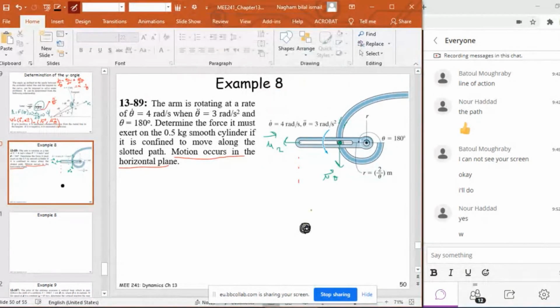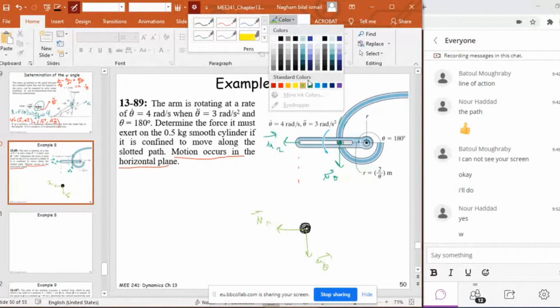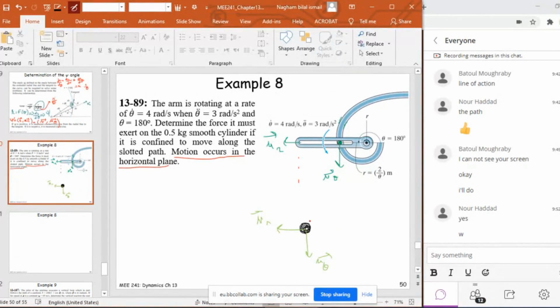Of course, I know that this is UR, and this is U theta. Now, what are the forces exerted on the cylinder? In fact, I cannot show the weight because I am in the horizontal plane, but I know that this arm is exerting a force on this cylinder.